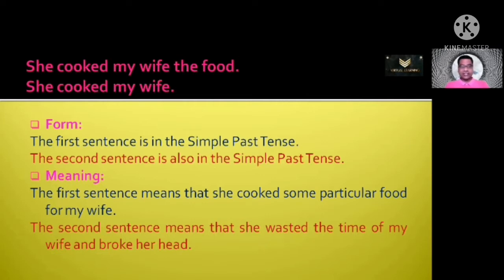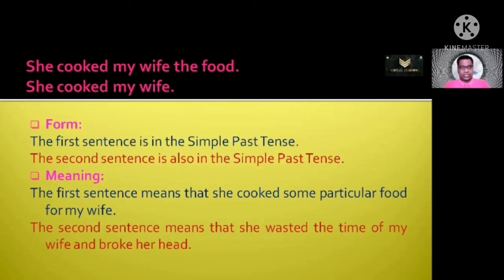Whereas the second sentence is very ambiguous. The second sentence means that she, don't know who that is, but someone, wasted the time of my wife and broke her head.